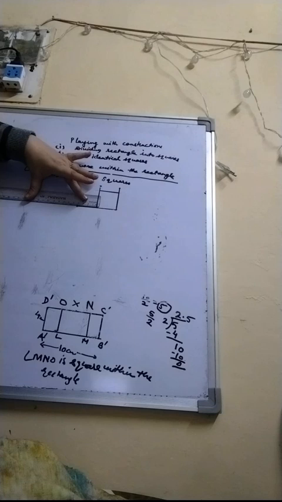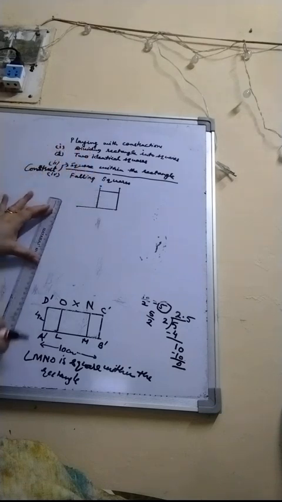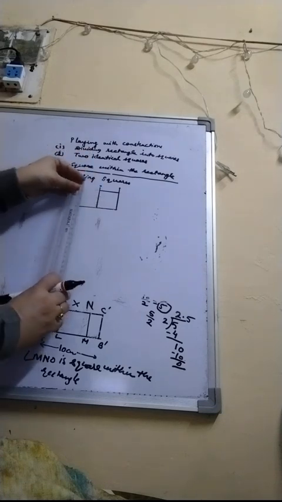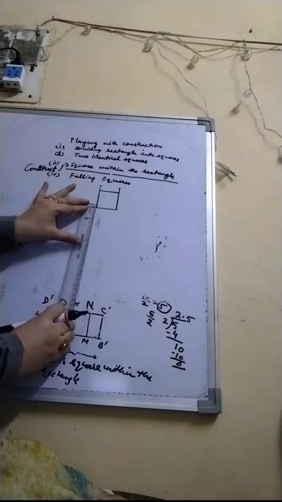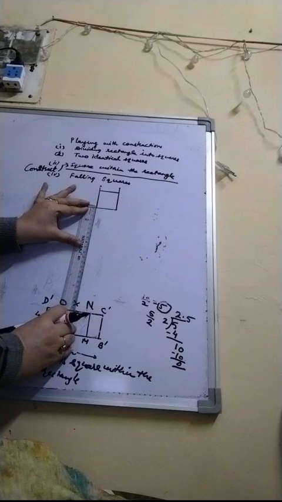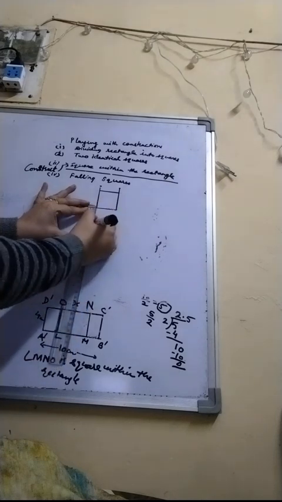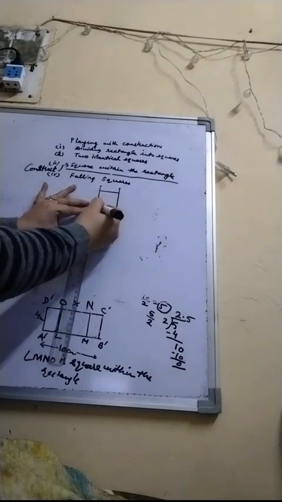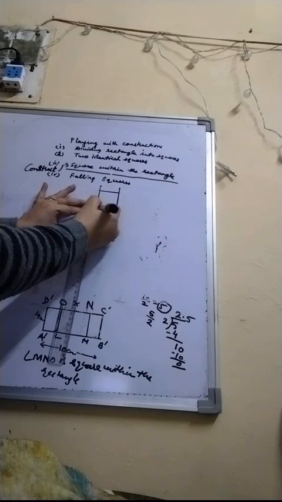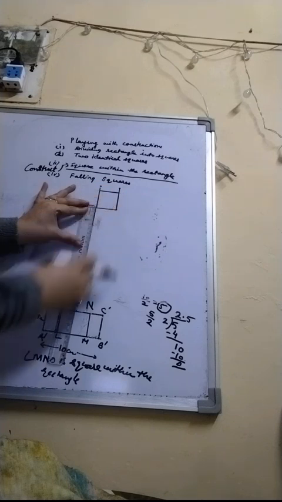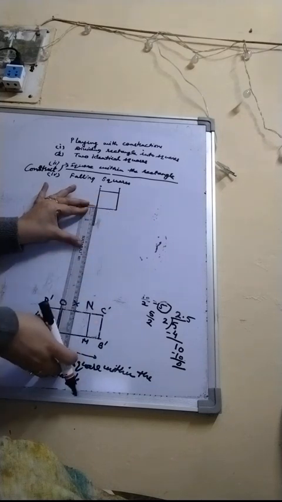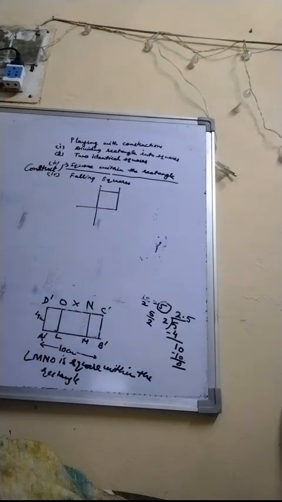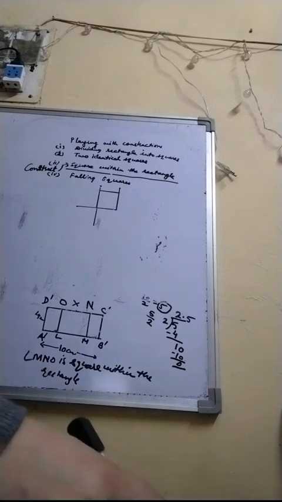This is your one side, and similarly the vertical line, you would bring the ruler at this vertex and put the dot at 4 centimeter and draw 4 centimeter from here. 2 lines you have got.